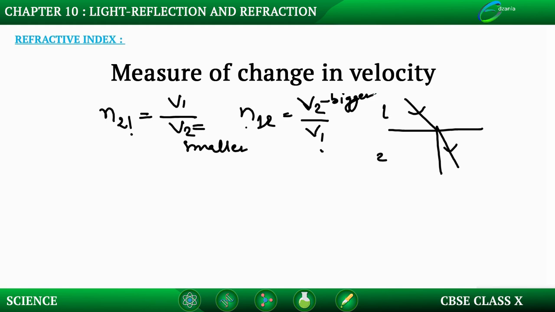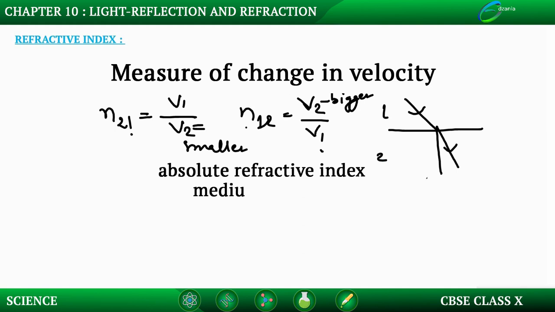With this, we can define one more thing. In place of taking a medium pair, like glass to water, or air to glass, whatever, we can define the absolute refractive index. In that case, medium 1 will always be vacuum or air, because the velocity of light is a constant, 3 into 10 raised to 8 meter per second for vacuum and air.